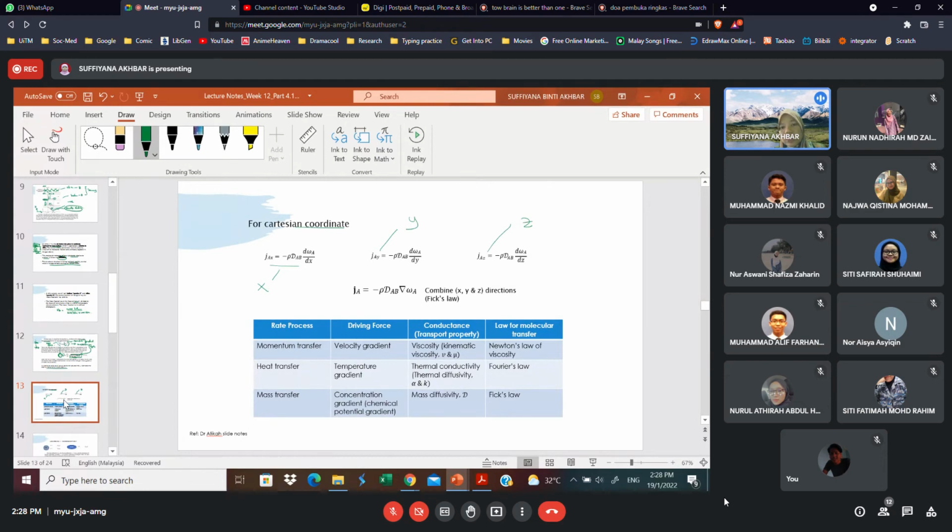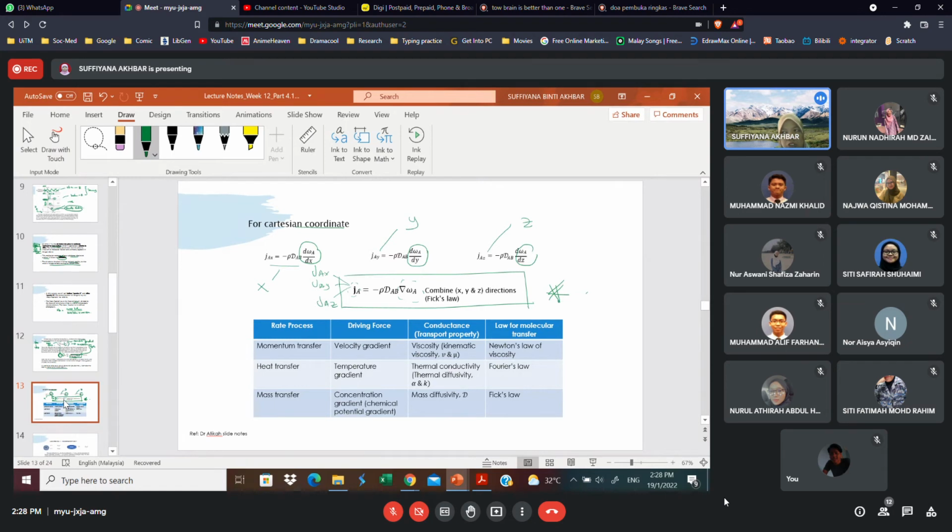So in general, for three dimensions, you can say that j, which is bold, is equal to negative rho DAB times the gradient of omega A. When you see bold here, it means we will have three directions, either jAX, jAY, or jAZ. So which direction? The omega is similar, either d omega A per dx, per dy, or per dz.